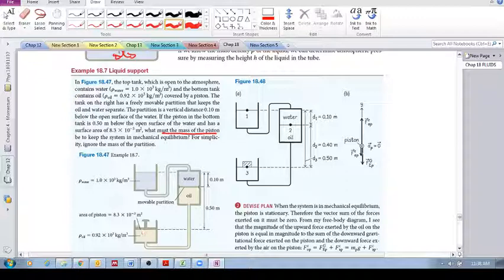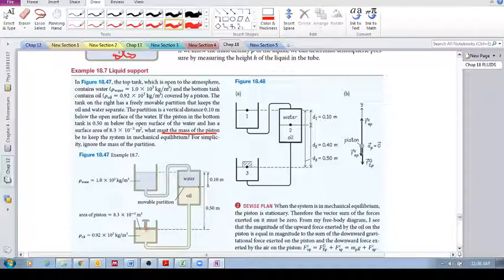This pressure is pushing the piston up. But what must the mass be so that gravity will pull down with basically the equivalent force, so that this thing is in equilibrium? Okay, so how do we do this?